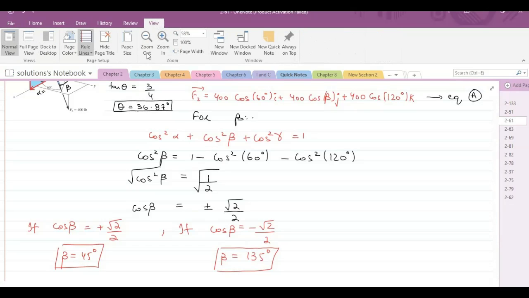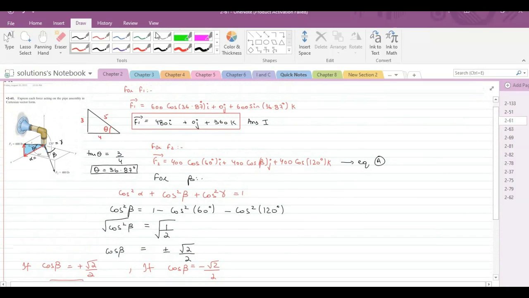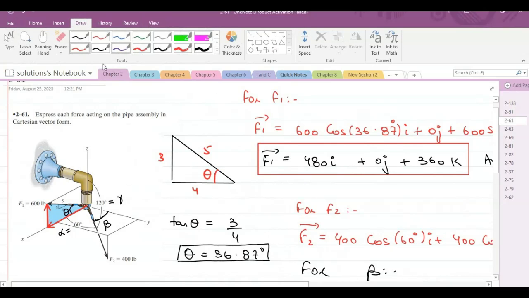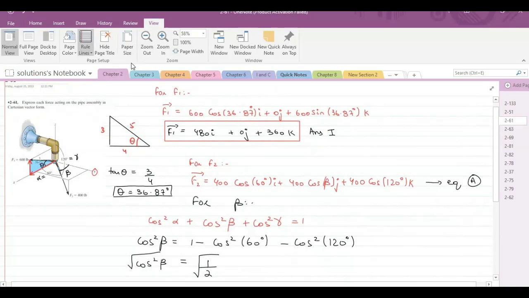To select it, we must look at the figure. If I zoom in, you can see that the F2 force is directed towards the positive y-axis. What it means is that the y component of the F2 force has to be positive.